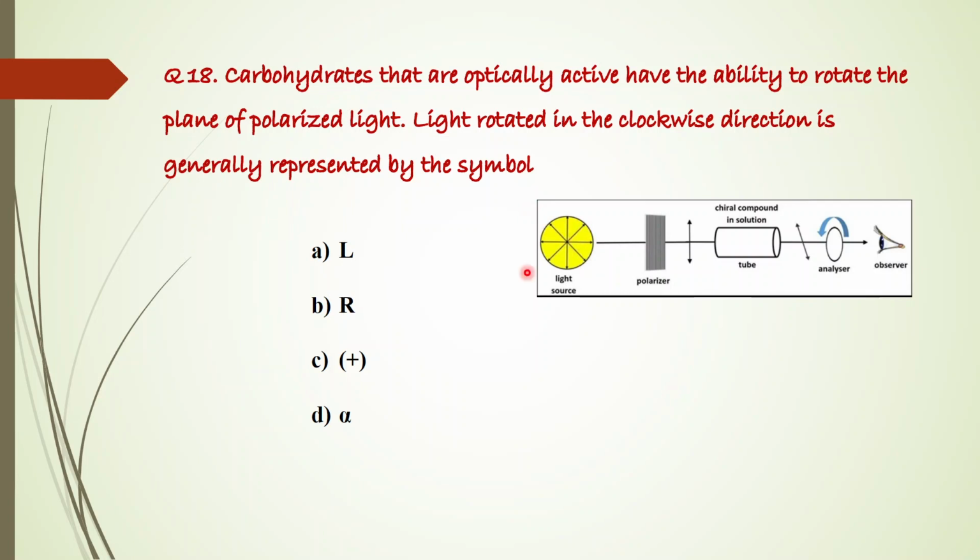But for the formation of plane polarized light, you have to put a polarizer here. So what does it do? Look at this picture and you will understand. Now the light is no longer scattered, the waves are no longer vibrating in all directions, but there is a specific direction along which the waves can vibrate.